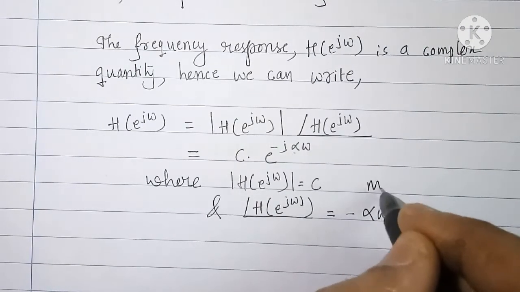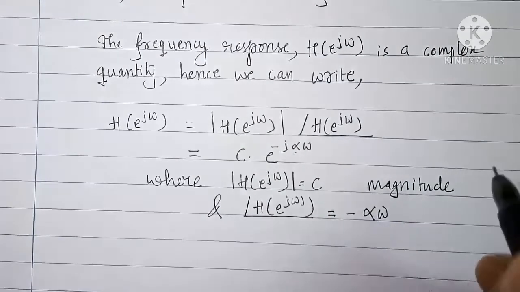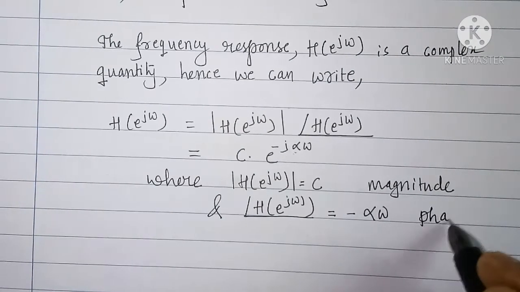So c is magnitude and minus alpha omega is phase.